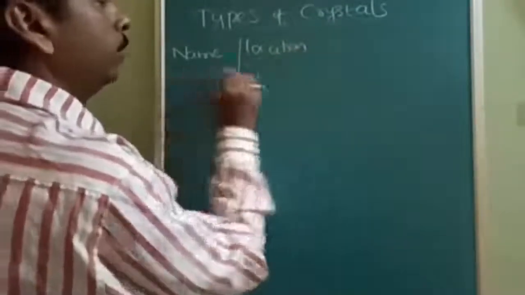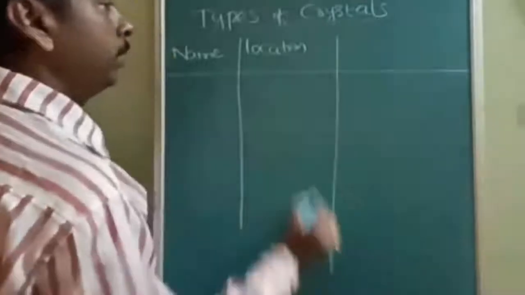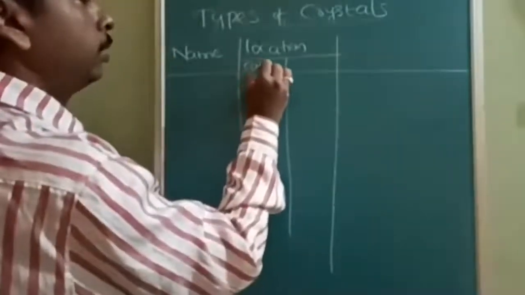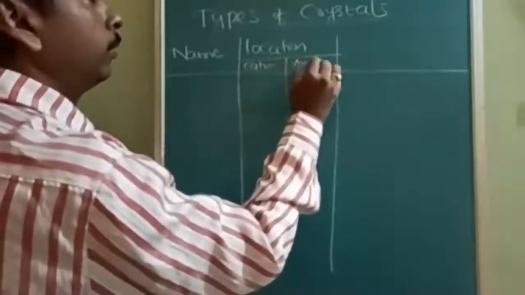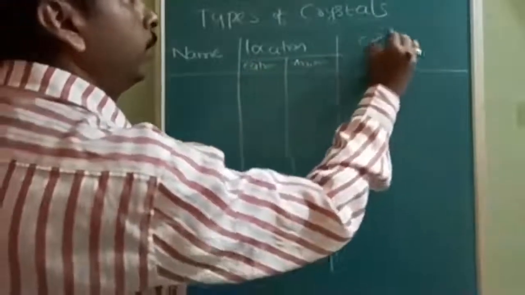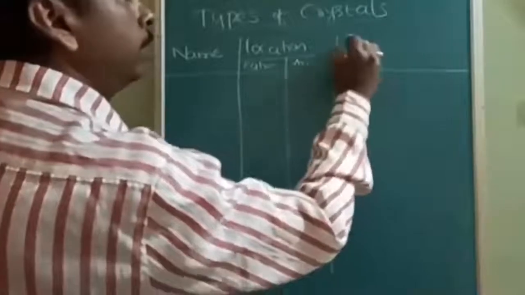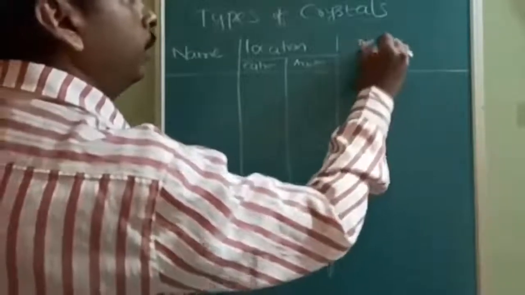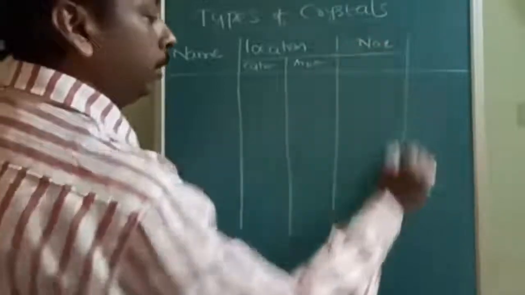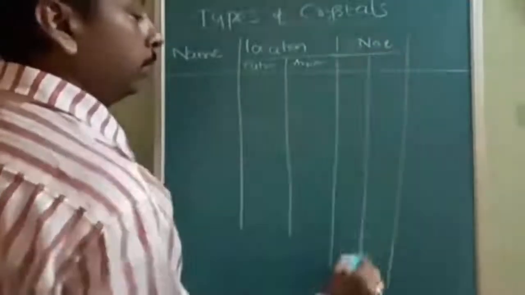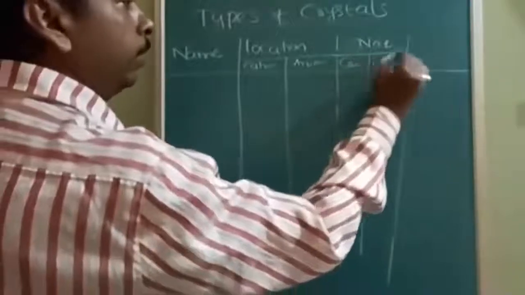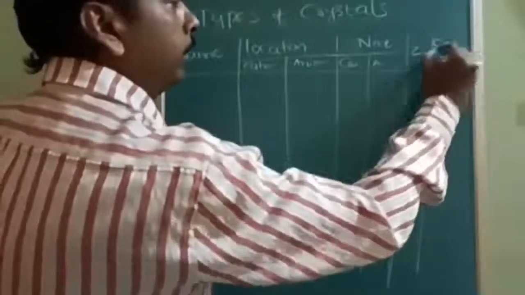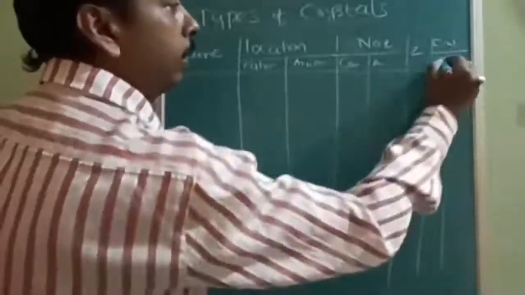You will make two tabs here: location of cation and anion. Then write number of cation and anion. Then Z. Then coordination number, again two tabs: cation and anion.